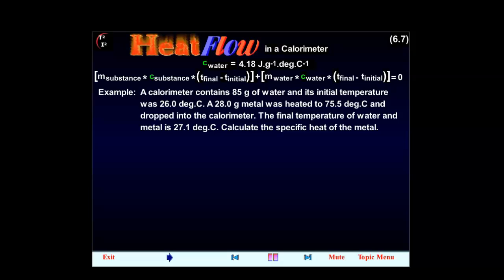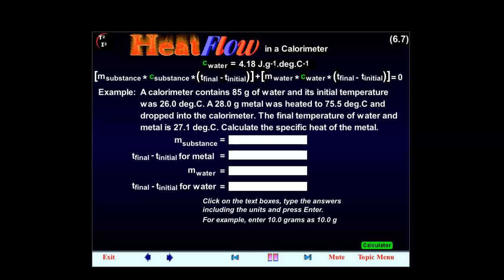Calculate the specific heat of metal. All right, let's look at the problems. Try to see if you can figure out the mass, the final temperature, and its initial temperature for the metal, the mass of water. Then you get your T final minus T initial for water.